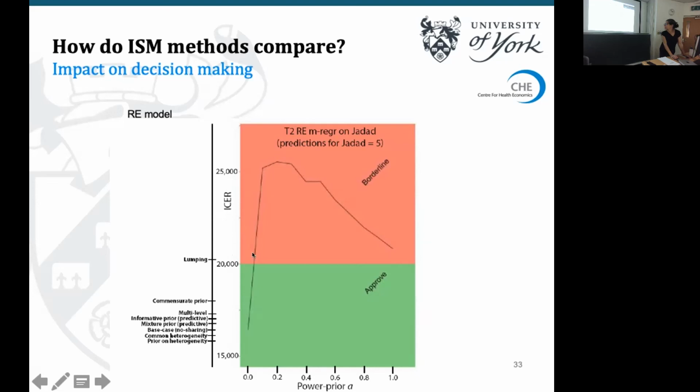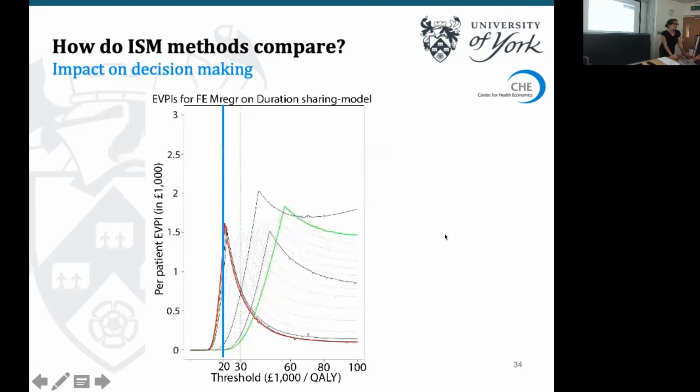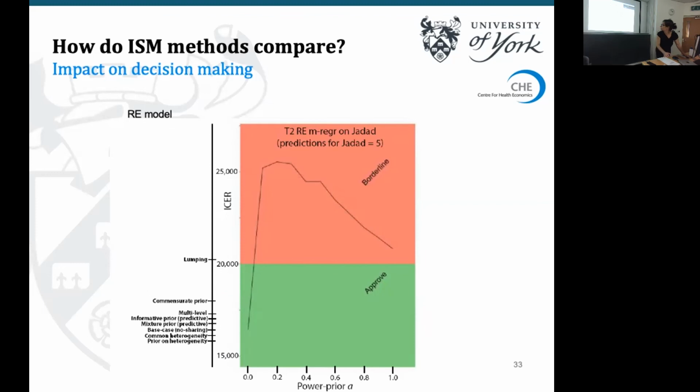And as you remember, the power prior approach gives you estimates further away from lumping. But presumably you have much smaller cost effectiveness curves in this case with the random effects, because you have more uncertainty. So you're less sure of the optimal decision, although on average you're there. Yeah, much more uncertain, definitely.